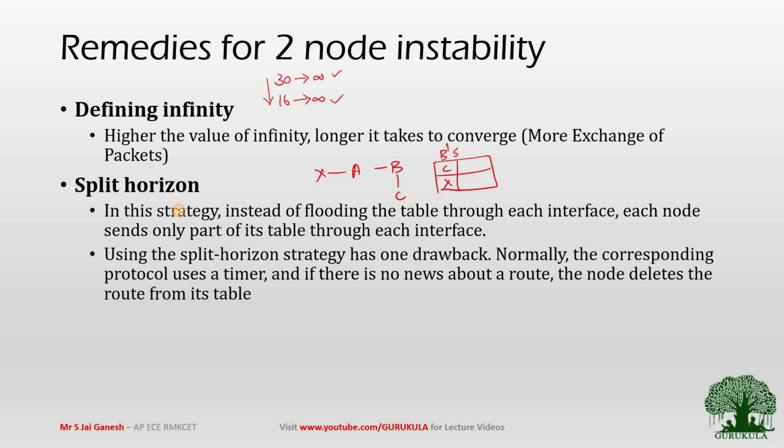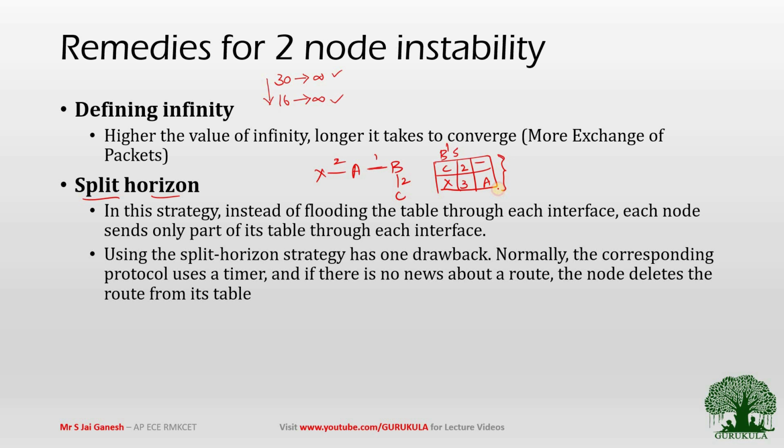As far as split horizon, instead of sending this entire routing table, I will just fill out this routing table for understanding the concept very well. So this can be 2 and this can be 1. So B can reach C with a cost of 2 and it is a directly connected node, and B can reach X with a cost of 3 via A.